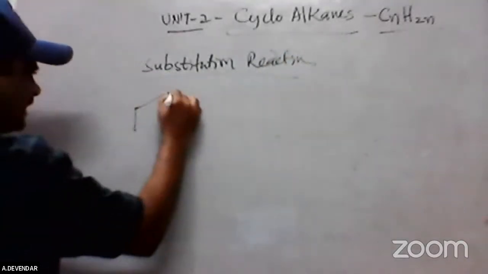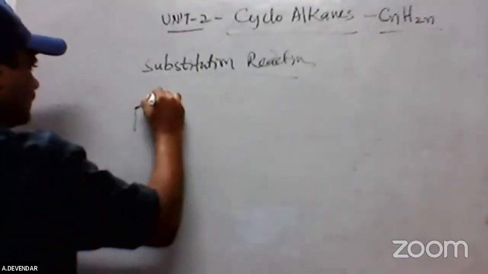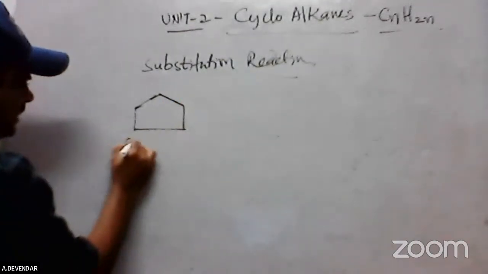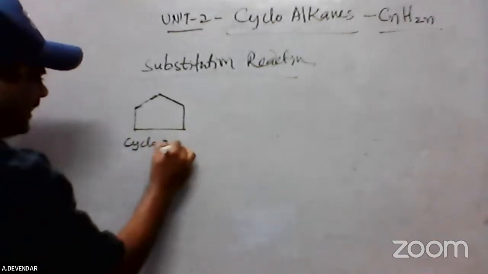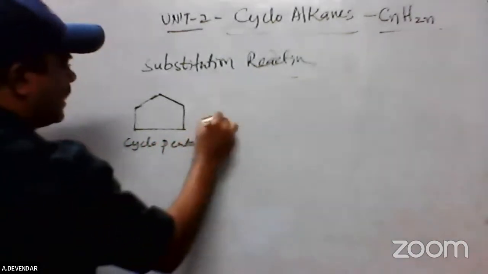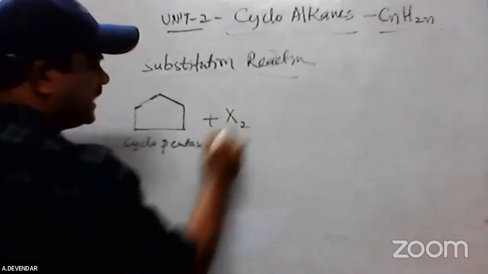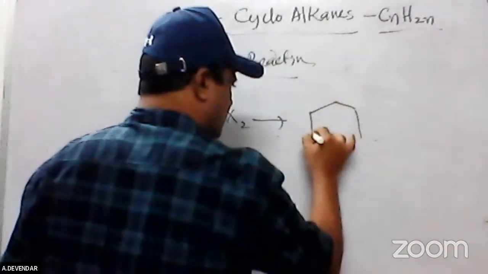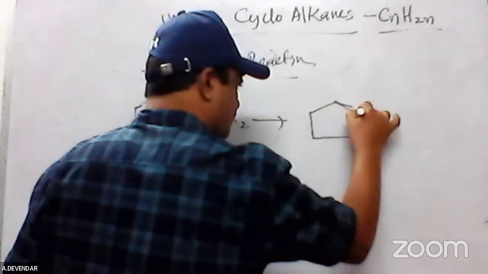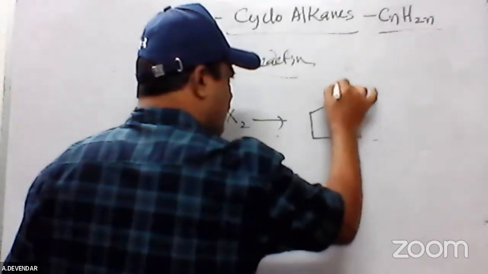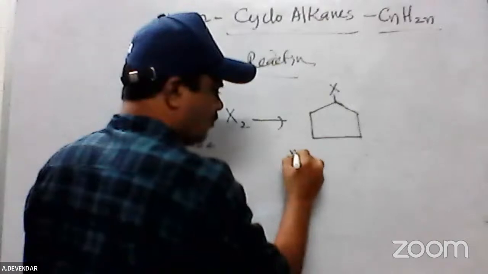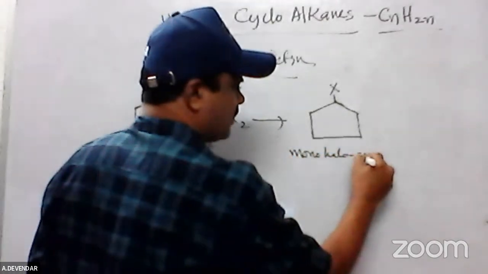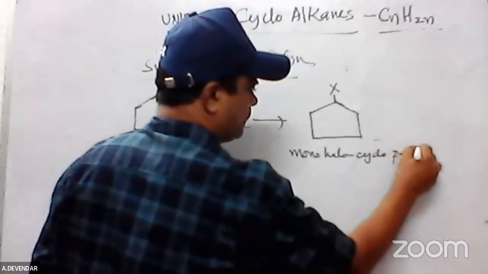Suppose I am taking this cyclopentane on halogenation, any halogen, simply the ring form does not open, but it is substituted. This is called as monohalocyclopentane.